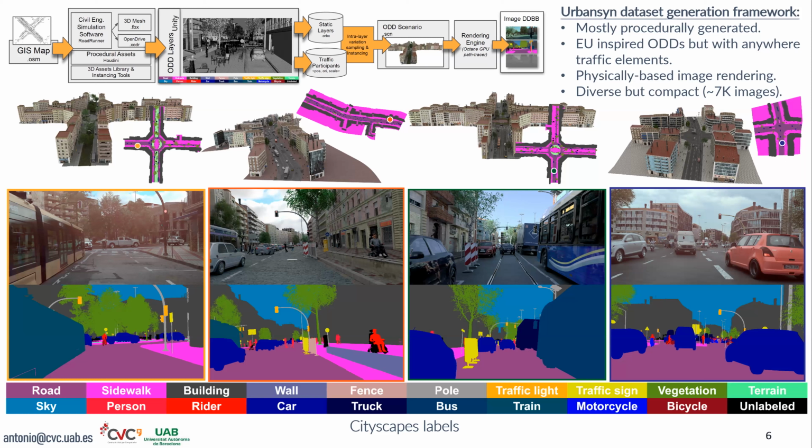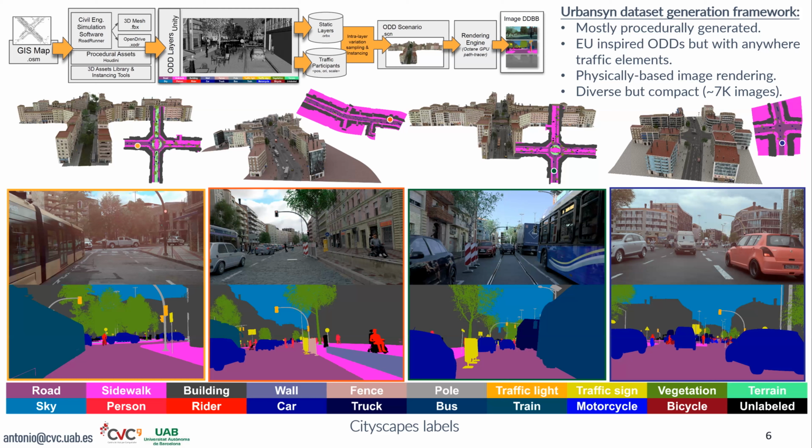Also, we were not generating many images. We were generating 7K because we wanted to keep it compact. You know, in academia, we don't have a lot of computational power, so we need to run experiments and think well what we are going to do.